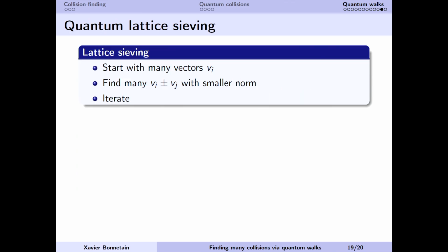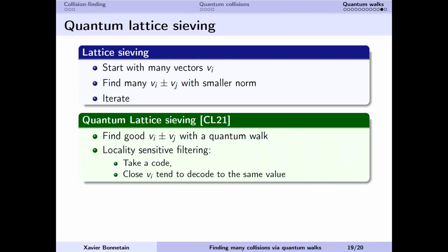And finally, I will shortly talk about quantum lattice sieving. The general idea of sieving is fairly simple. You start with many vectors, and you want to find some pairs such that their sum or difference are of smaller norm. And if you have enough pairs, you just iterate until you find the shortest vector. There has been recent work on quantum lattice sieving that does that with a quantum walk. And what they do is they use locality-sensitive filtering, which is an idea that comes from classical sieving.